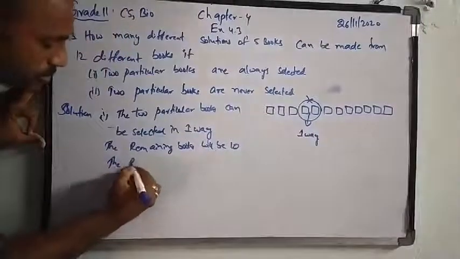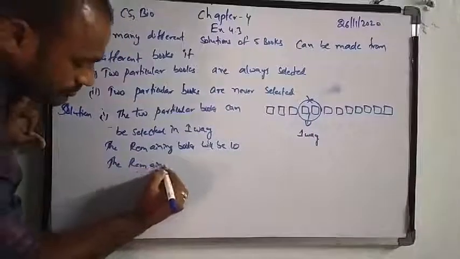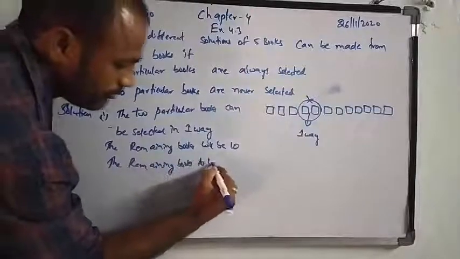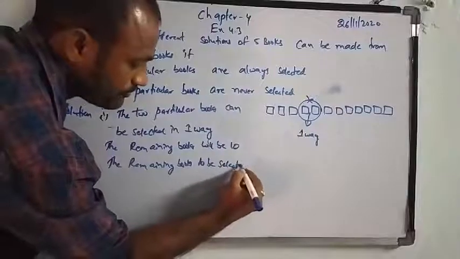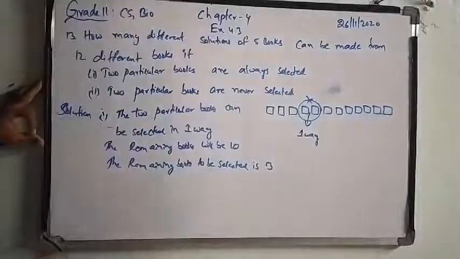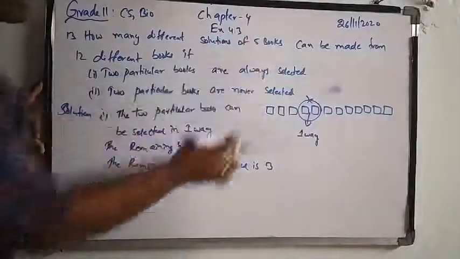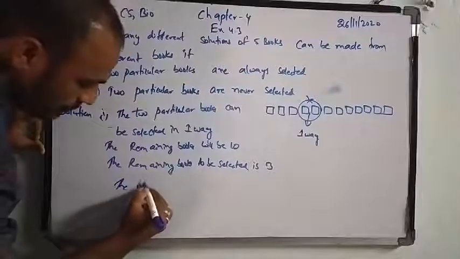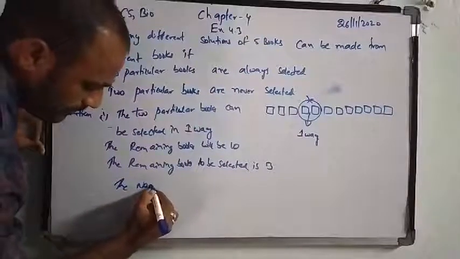The remaining books to be selected is 3. Why? Because already from the 5 books we have selected 2 books, so the remaining books will be 3.